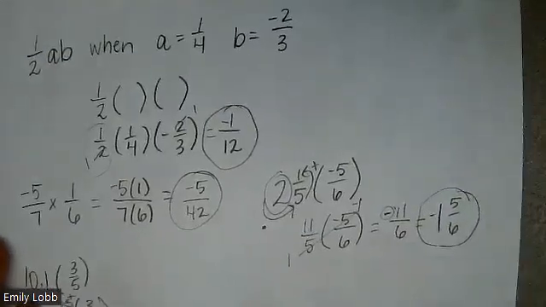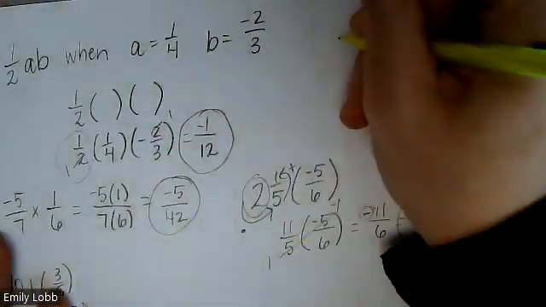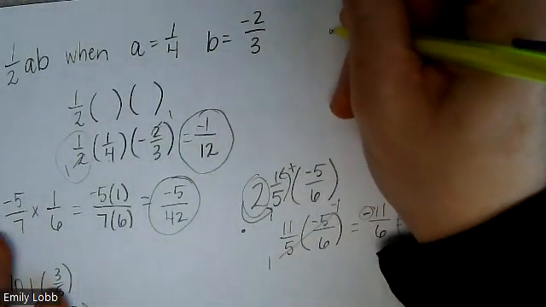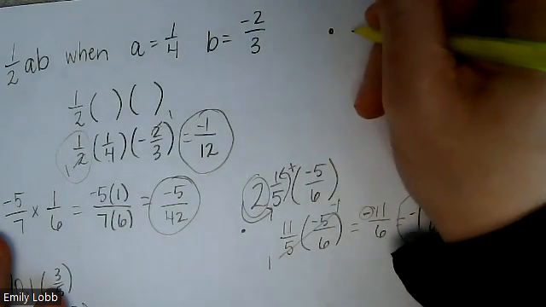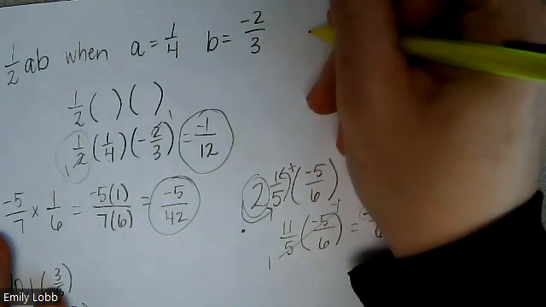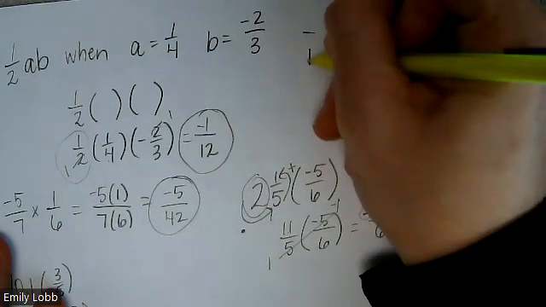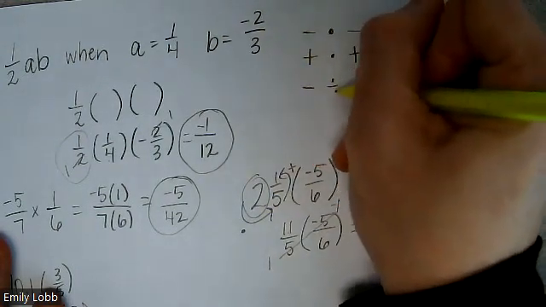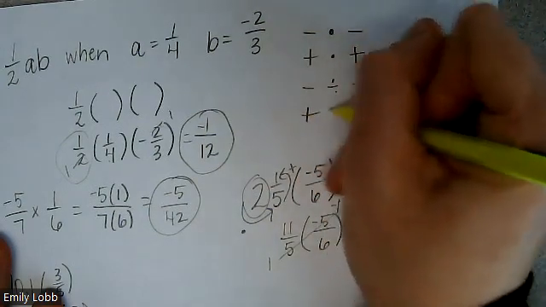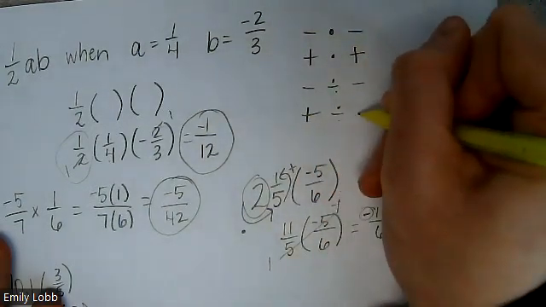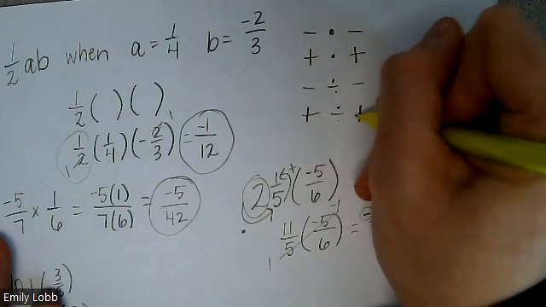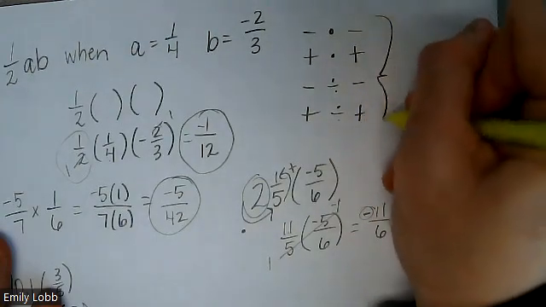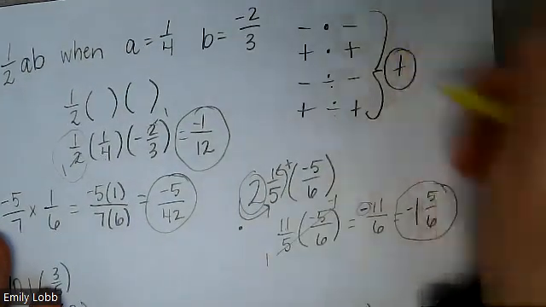Remember integer rules. When our signs are the same, so negative times a negative and positive times a positive, or negative divided by a negative and positive divided by a positive, our answer is going to be positive.